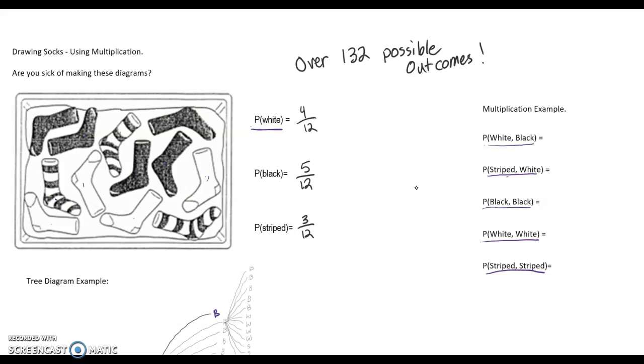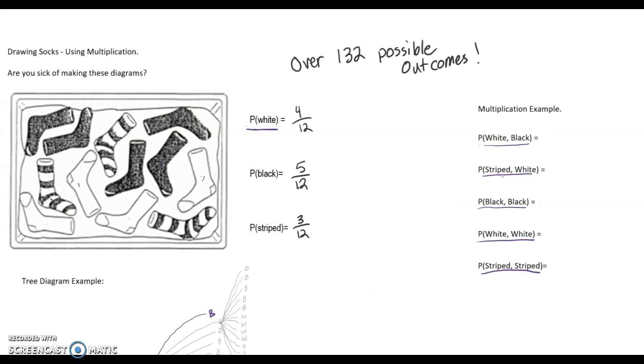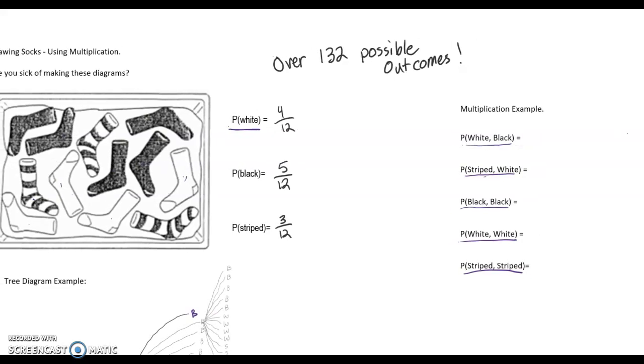We would have 5 black socks in the total of 12, and then 3 striped out of the 12 total socks. So in the long run, there's 132 possible outcomes for this problem. And that's a lot. But like I said, using that product rule, this is actually going to be very easy.